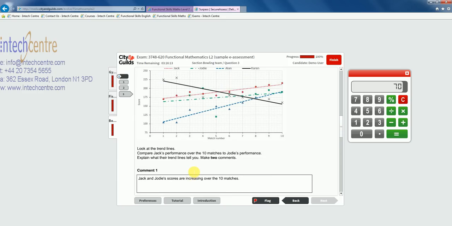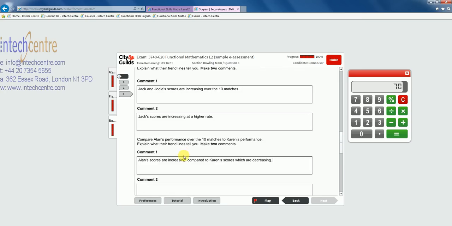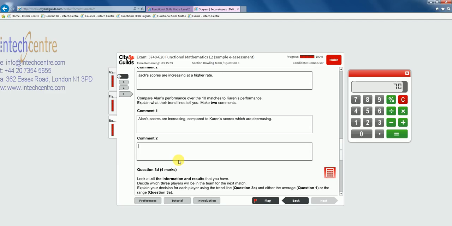If you have a look at Alan's scores, even though Karen's scores are actually decreasing, his scores, if you see at match number 1, are a lot lower than Karen's scores. So we could also make a comment about that: Karen's scores were better than Alan's scores.